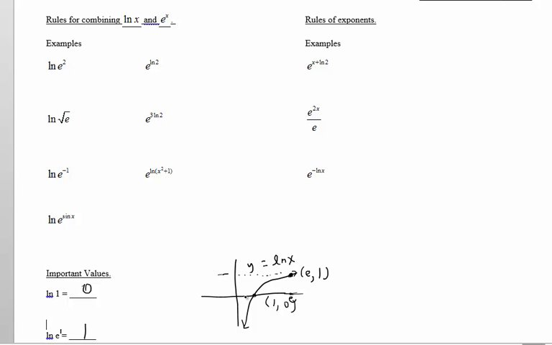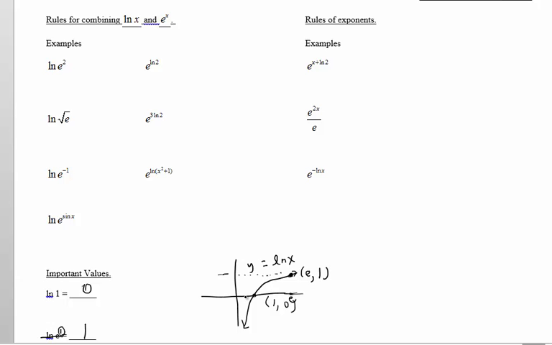And when you have these two operations that fall consecutively, the input becomes the output, the input becomes the answer, and the input in this problem is 1. So you kind of think about these kind of falling out, I guess. It's kind of an informal way to say it. But they undo each other to the point that you're left with just the exponent of 1. So you've got the graphical approach or the inverse approach right here. But these are two important values, and both of which should be memorized, kind of like the unit circle.